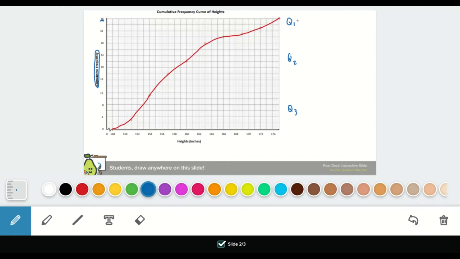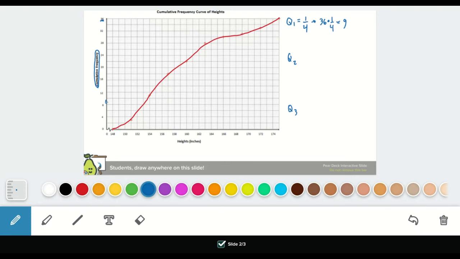Okay, Q1. That's my first quarter, my first fourth. What's a quarter of 36? 36 times 1/4, I want a fourth of 36. That's going to equal 9, which means 9 is my starting point for my quartiles. So Q1, this is my Y value, my cumulative frequency, because 36 is on the Y axis. So 9 will be right here somewhere.